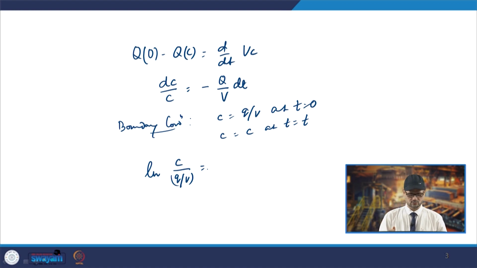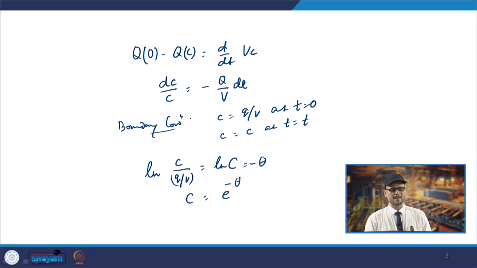So this is log c, and that will be minus theta. If you look at the c value, it will be e raised to the power minus theta. That way you get this RTD curve for the well mixed flow.